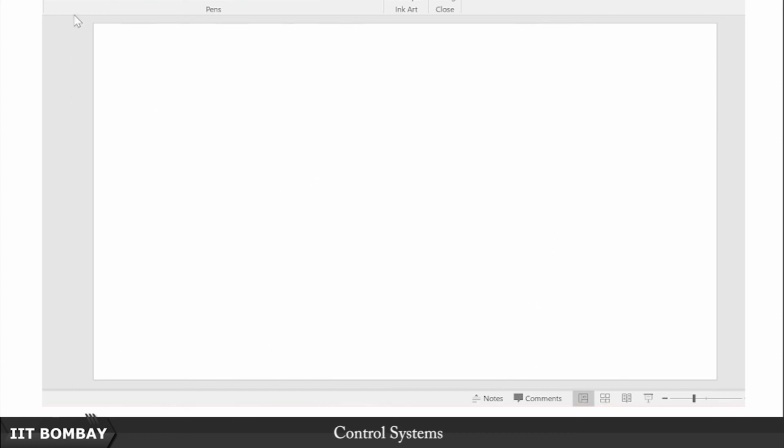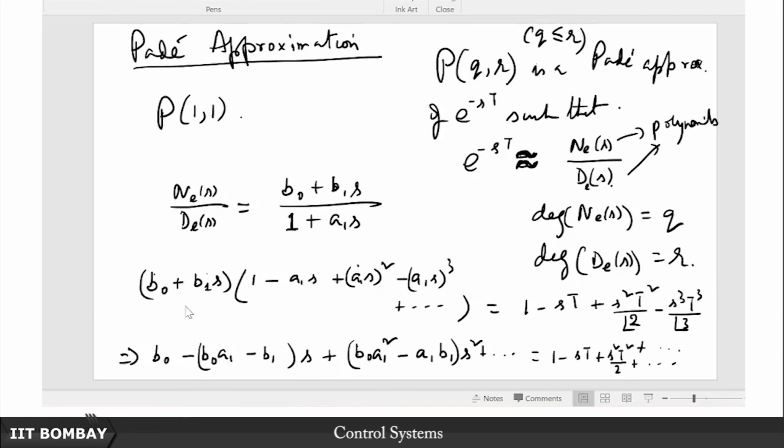So immediately I can write that b0 is equal to 1. That follows from, let me link this up, this is the green one equated with this. This is the blue one equated with just this.